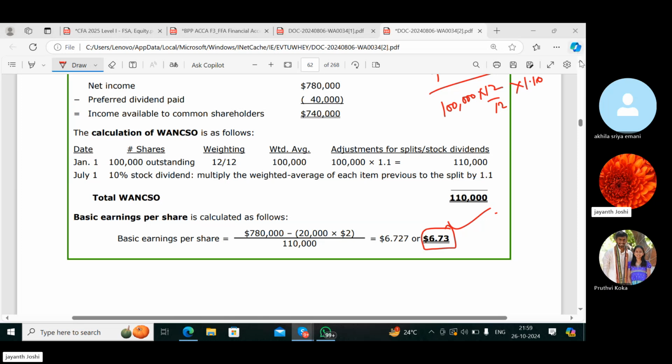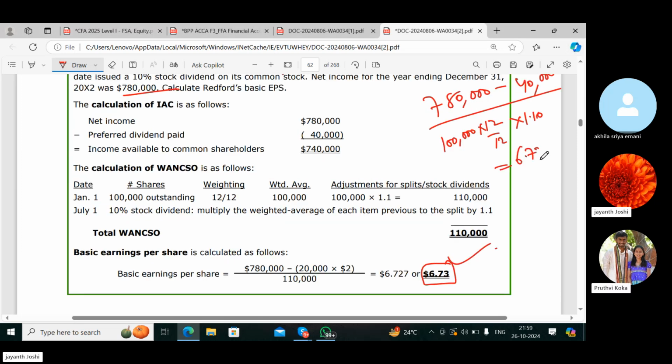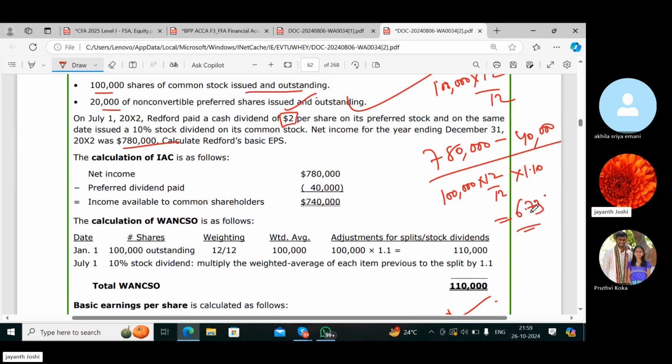6.72. Yes. Sir, one doubt. There they said on July 1st, Redford paid a cash dividend of $2 per share. So it is for the 20,000 non-convertible preferred stock. Should we calculate 20,000 into 2 into 6 by 12?